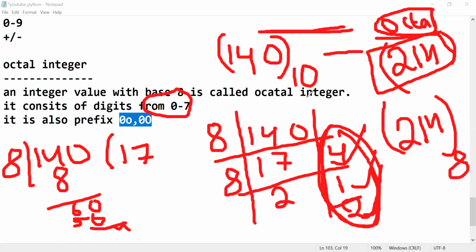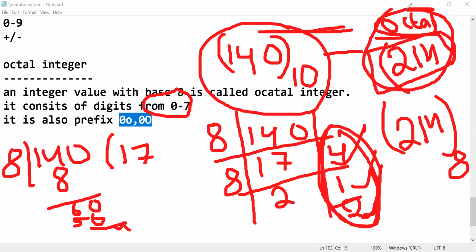I hope you understand how to convert a decimal integer into an octal integer. First, you need to think from which number to which number we have to convert. Suppose we have to convert to an octal integer, it means we have to divide by 8, guys. Why do you need to divide by 8?